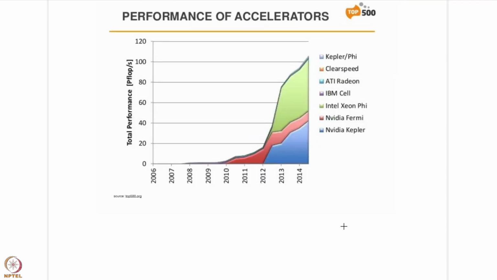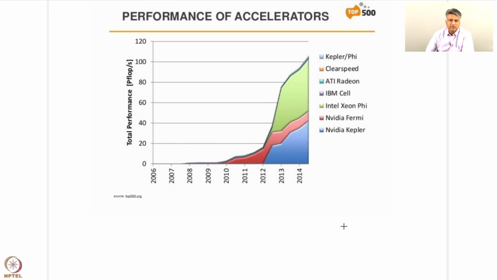The performance share of the accelerators is clearly increasing dramatically as we go into the future. So it is very important for us to know how to program these accelerators and also to understand how they actually function in real hardware.